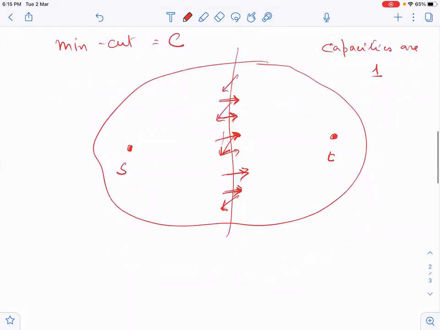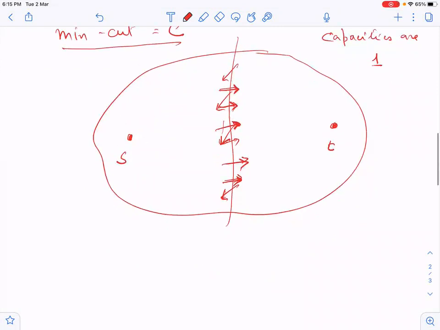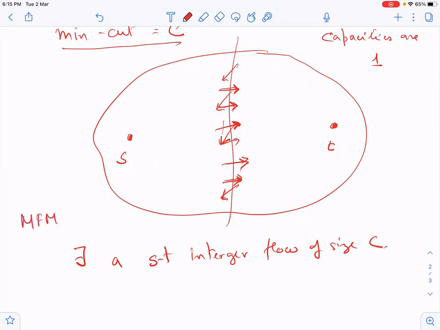So what do I have? I have that the min cut is C. So min cut is C means that there exists an ST integer flow of size C. This is because of the max flow min cut theorem.